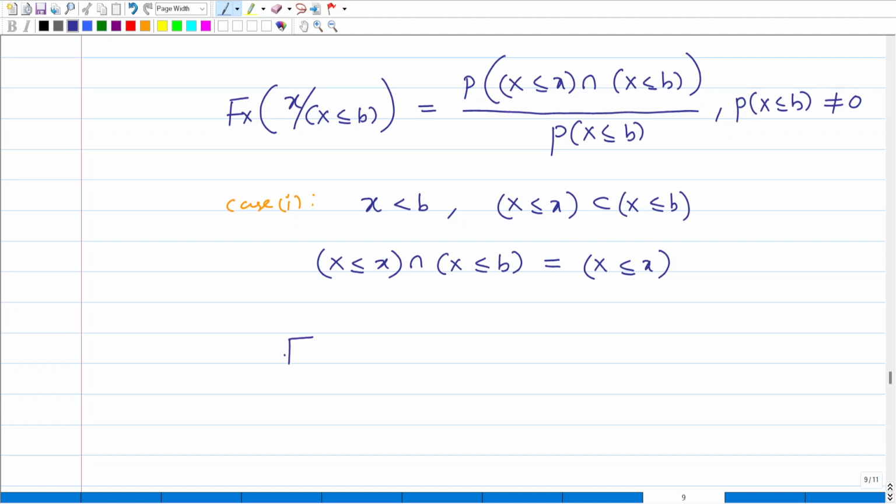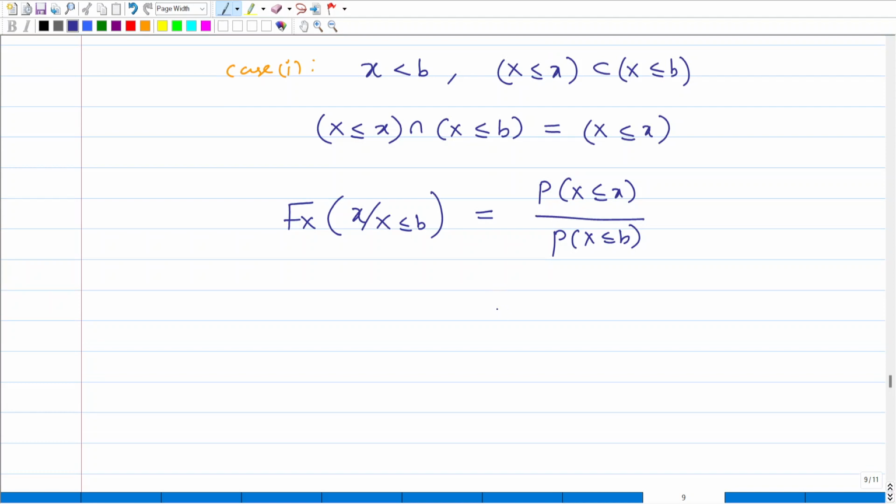Now we can write the conditional distribution Fx of small x given x less than or equal to small b as the probability of x less than or equal to small x divided by probability of x less than or equal to small b. These two probabilities in the numerator and denominator are CDFs, cumulative distribution functions.